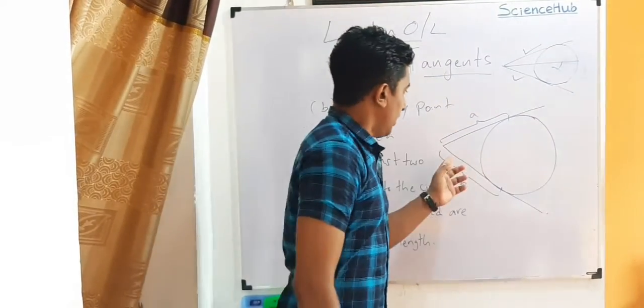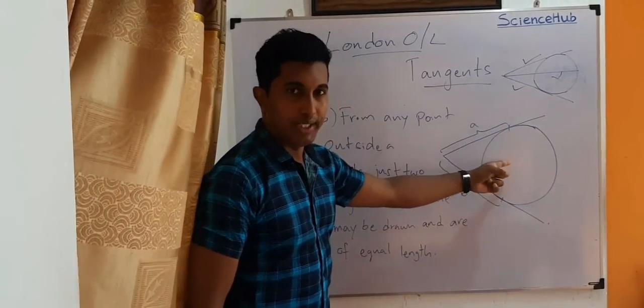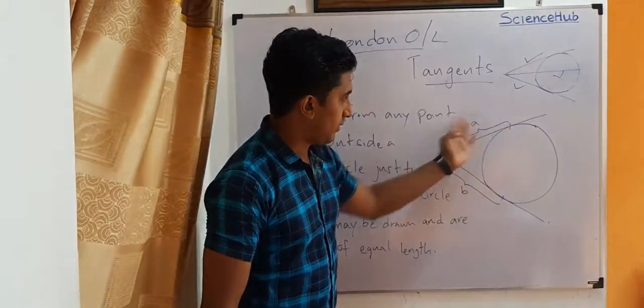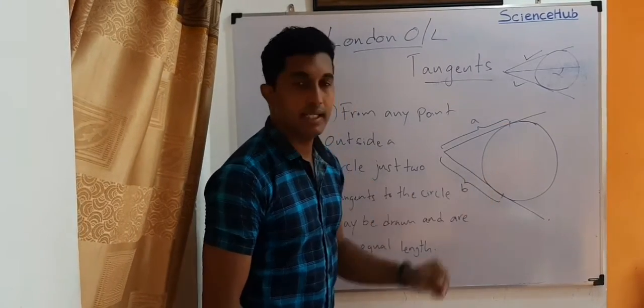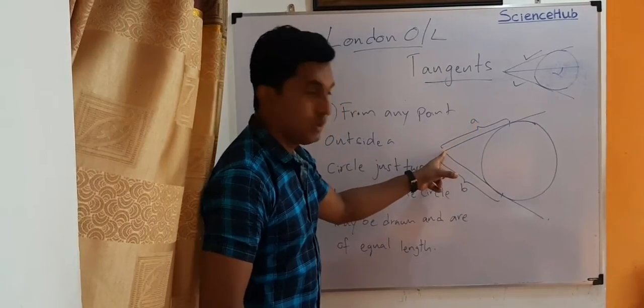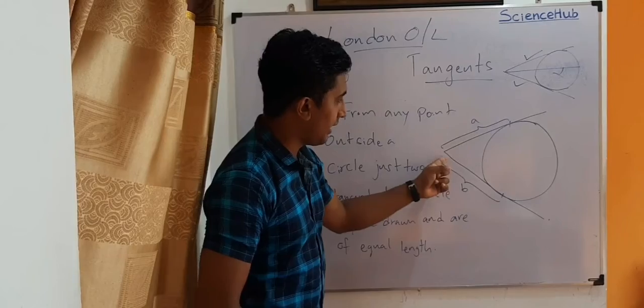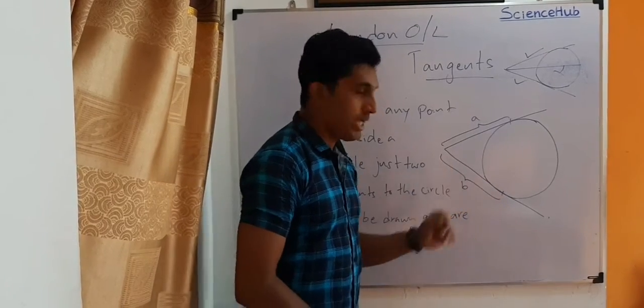Now the two points where the tangents touch the circle, and from these points to the starting point, the length we can consider as A in here, and as B in here.